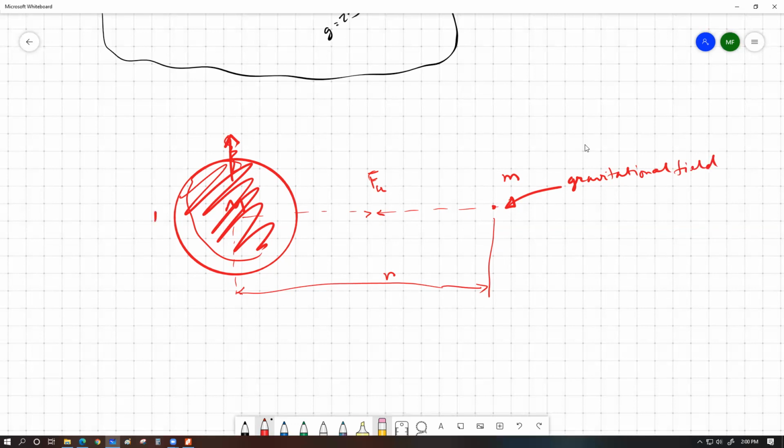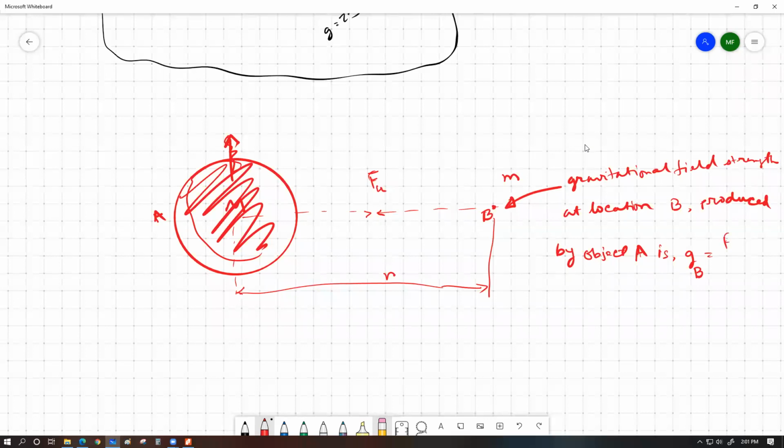Okay, let's say this is object A, this is object B. At location B, produced by object A, is, let's say, g at B equals Fg divided by m.